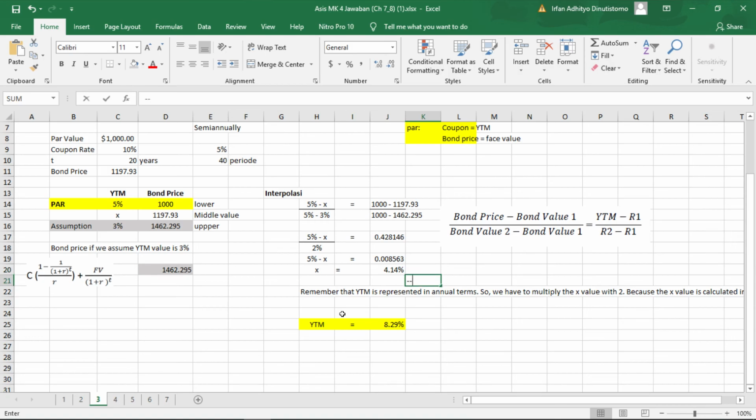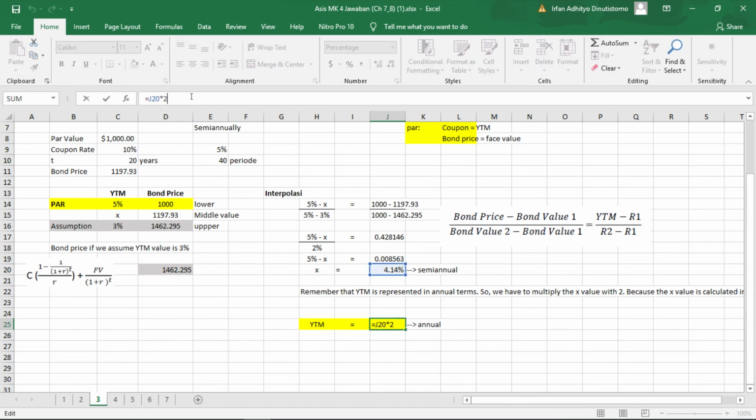I'm going to mark this down so it's easier. This is semi-annual, right? So annually, this is what we're going to get: 8%. Just multiplied by 2. So this is the end of the first part of the bond valuation.